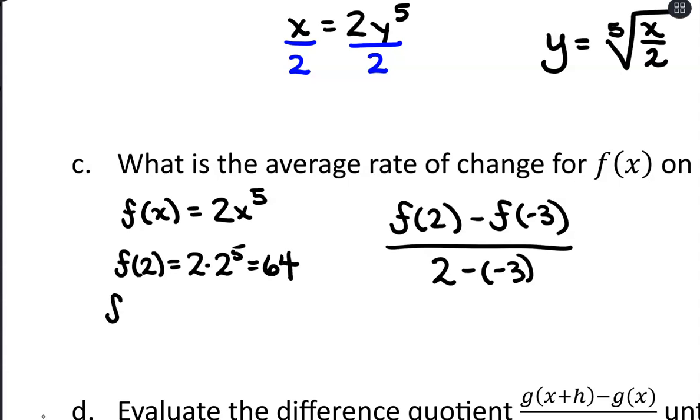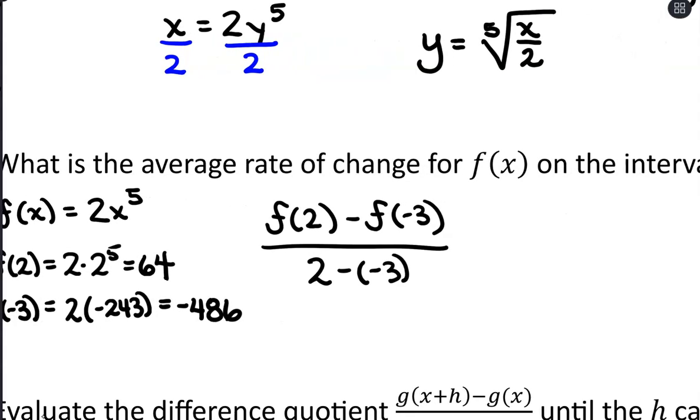And then if we plug in a negative 3, so negative 3 to the 5th, that's going to be negative 243. So this will be the same as 2 times negative 243, which was the 486. So negative 486.